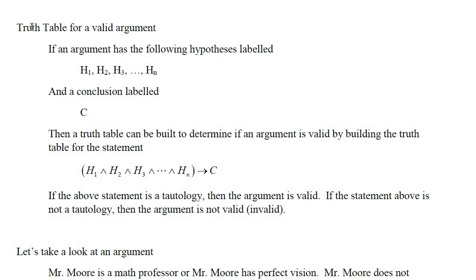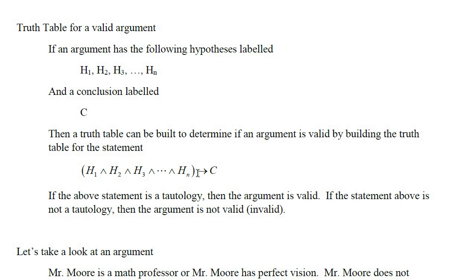So let's take a look at the truth table for a valid argument. If a valid argument has the following hypotheses labeled H1, H2, H3, and so forth all the way up to Hn, and the conclusion is labeled with a C, then a truth table can be built to determine if the argument is valid by building the truth table for the following statement. So this is going to be a very large if-then statement.